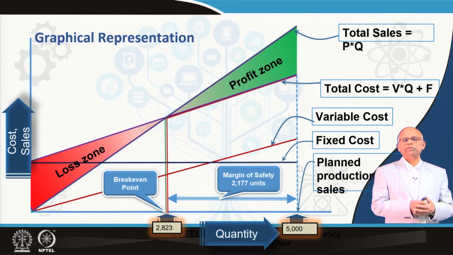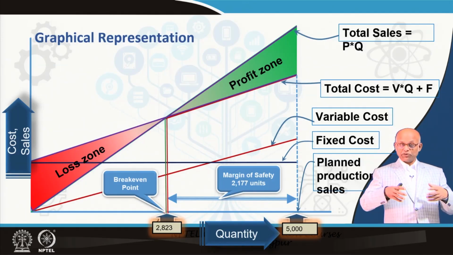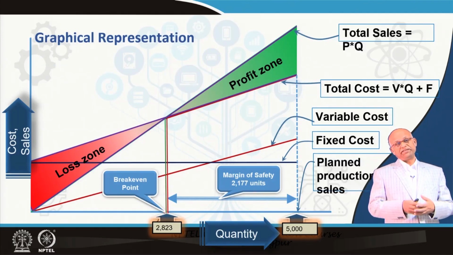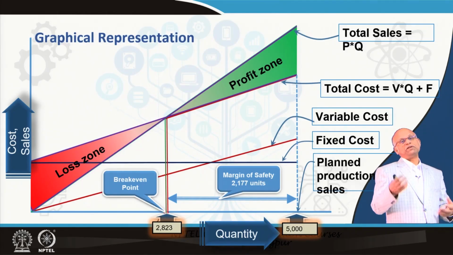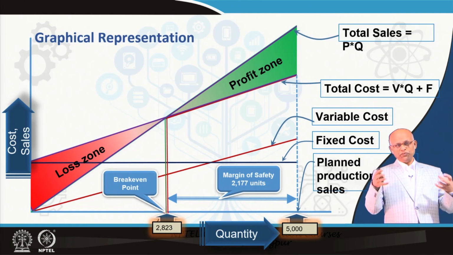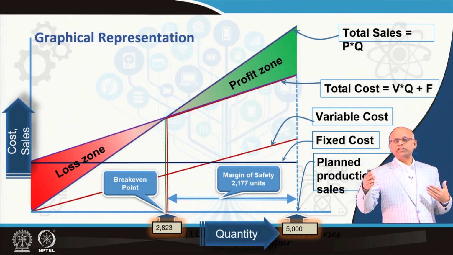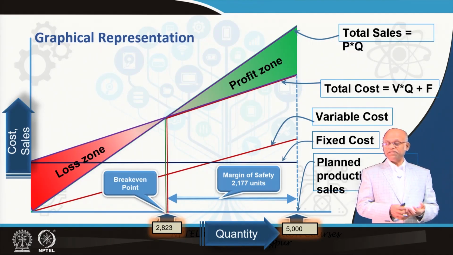This is very important because future is uncertain. You make some prediction or forecast of your sales based on your market data. If we produce this many units, perhaps we can sell, but there is always uncertainty. So, you feel comfortable that we have a cushion, like our margin of safety of 2,177 units.